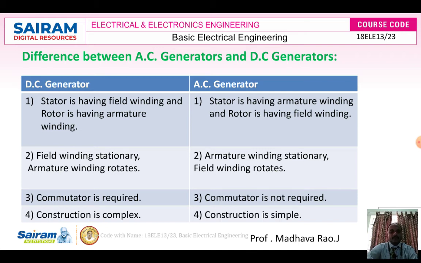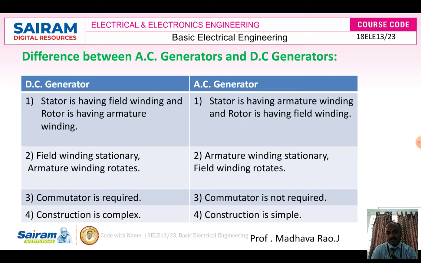The commutator is the device used to convert the AC induced EMF into DC. In an AC generator a commutator is not required, since the output should be in the form of AC only.